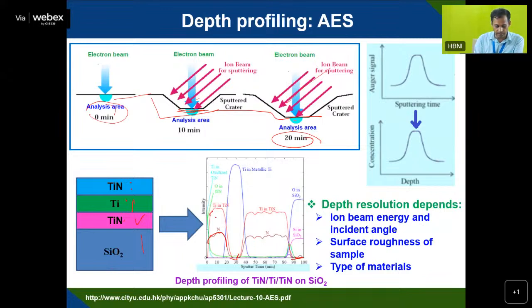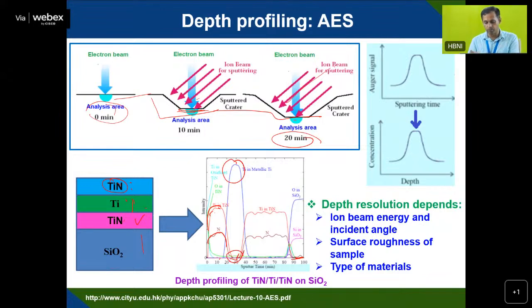Similarly for titanium, on the top surface you get titanium nitride, here titanium corresponds to titanium nitride, and here it corresponds to metallic titanium, where nitrogen is 0.